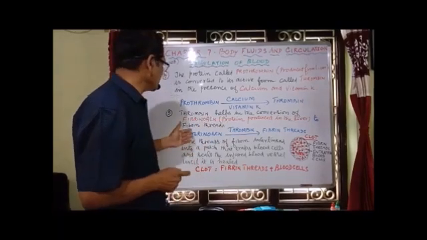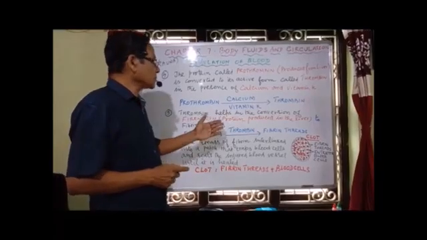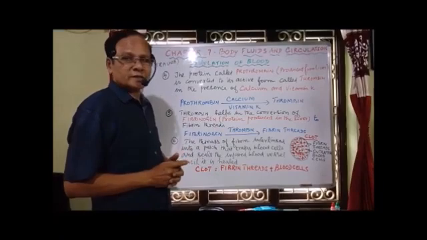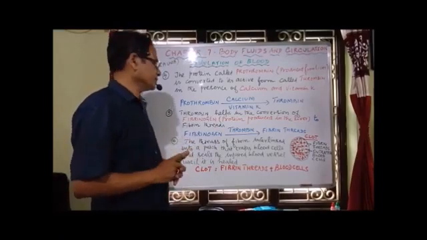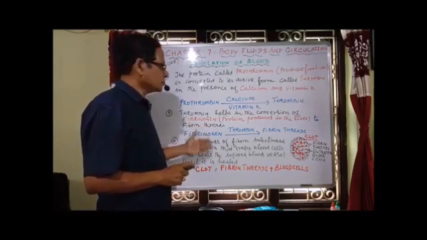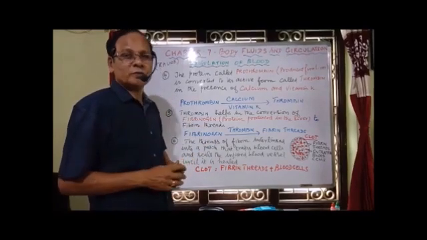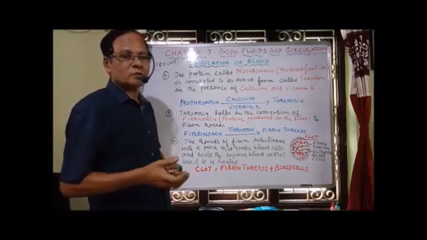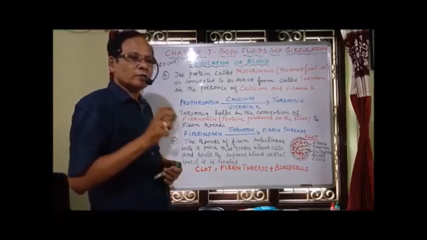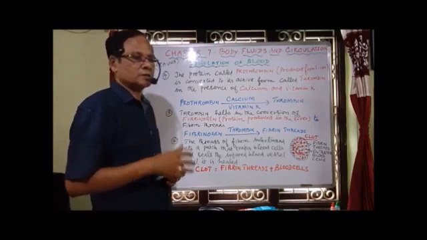So fibrinogen gets converted into fibrin threads in the presence of thrombin. To begin with, we have the formation of fibrin monomers. These fibrin monomers undergo a polymerization process to form a fibrin polymer, which is actually a soft clot.